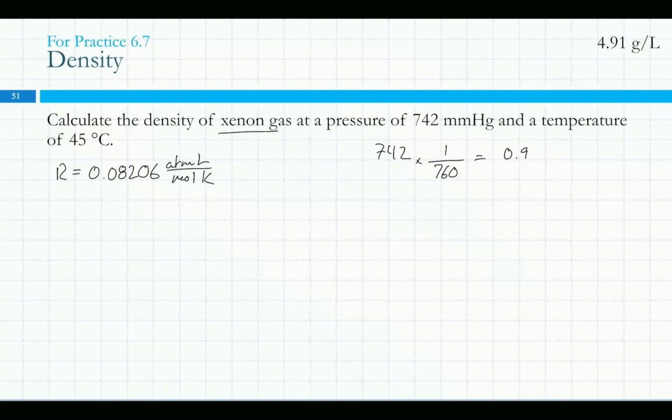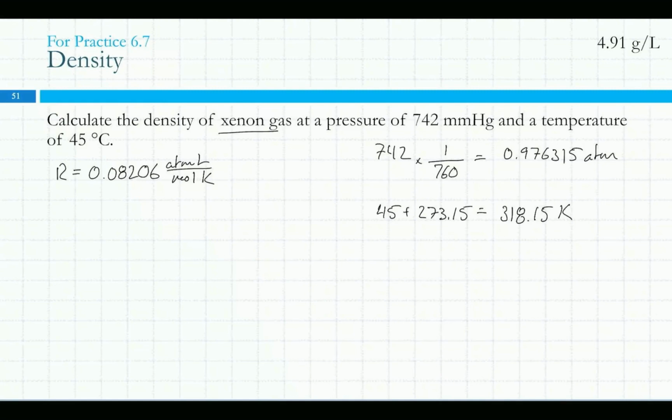So 0.976315, something around there. And then 45 plus 273.15 is 318.15 Kelvin.